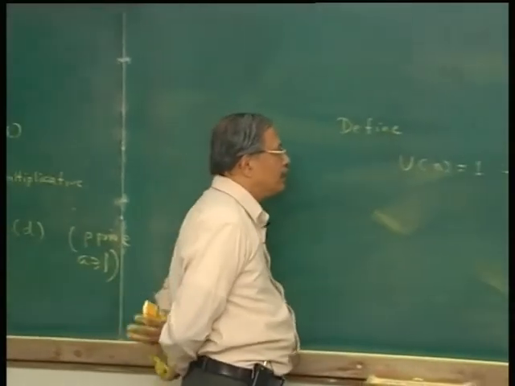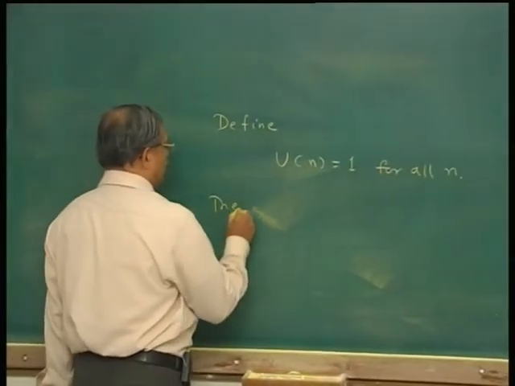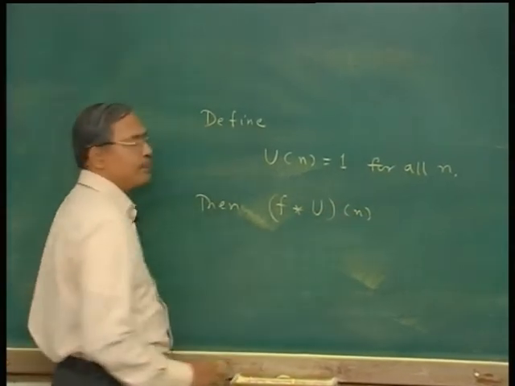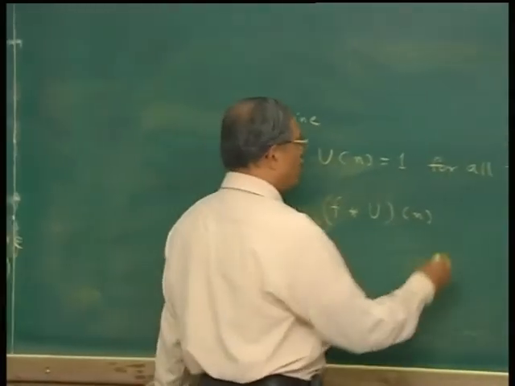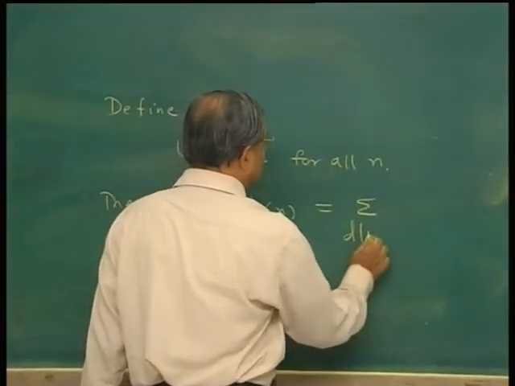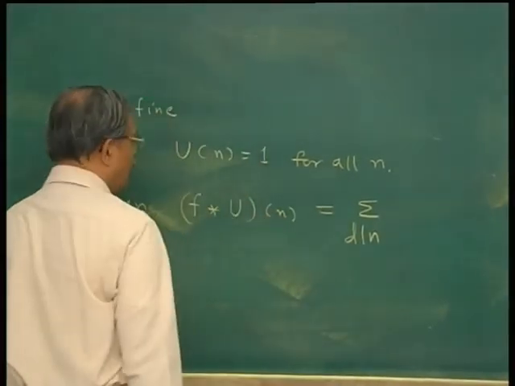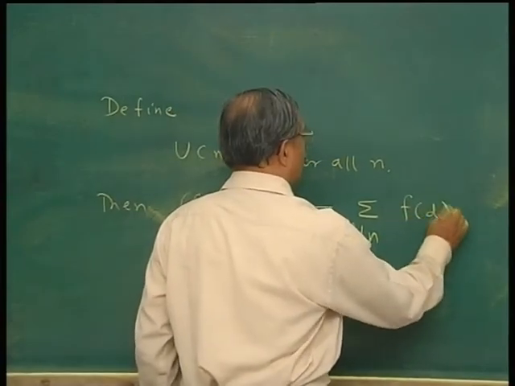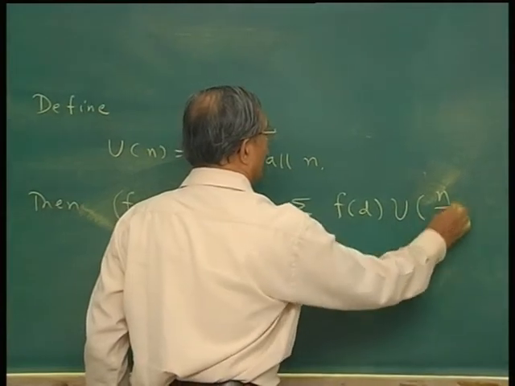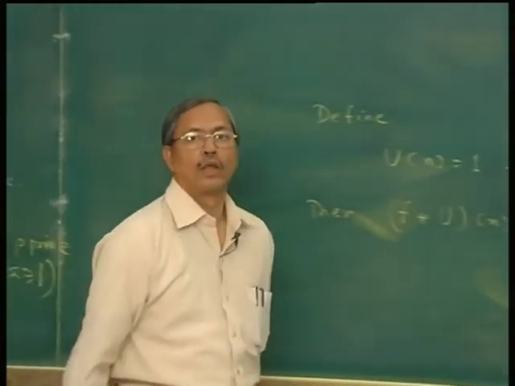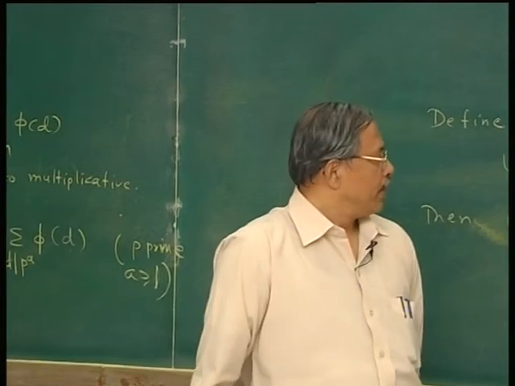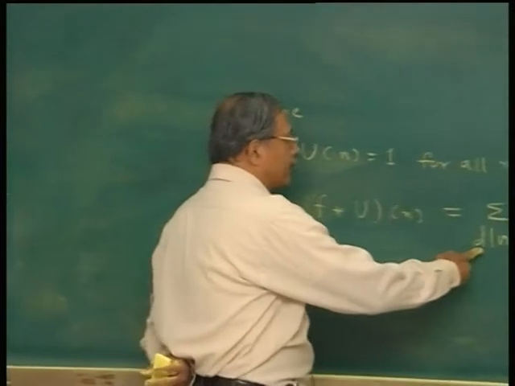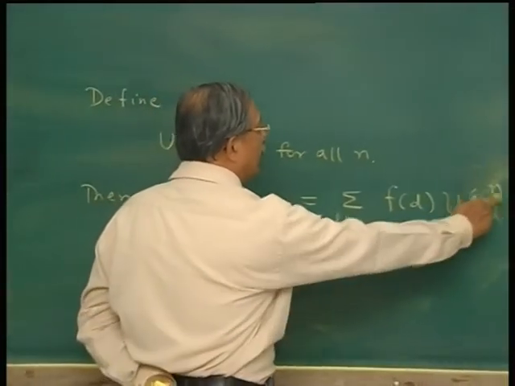This is an arithmetic function. And what is f star u of n? This is summation d divides n f of d u of n by d. Okay. Now what is u of n by d? d is an integer dividing n, n by d is an integer.